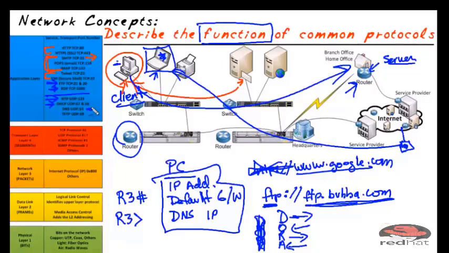And DNS, the function of DNS. We don't use IP addresses as humans very much. For example, if I said, hey, come out and visit my website. Sure, Keith, where are you? Well, I'm at 77.25.216.98. That's not as easy to remember as www.cbtnuggets.com. It's easier to remember names than it is numbers.